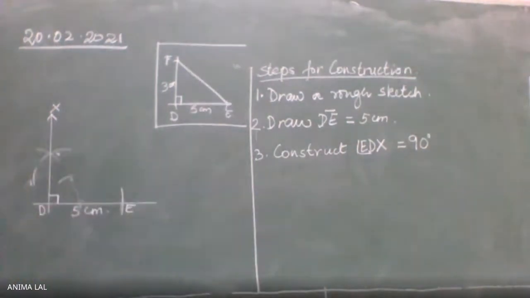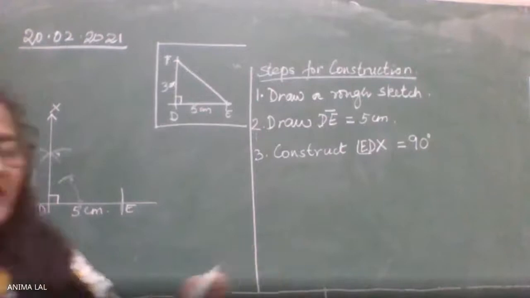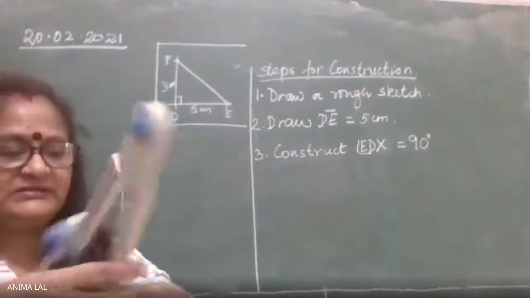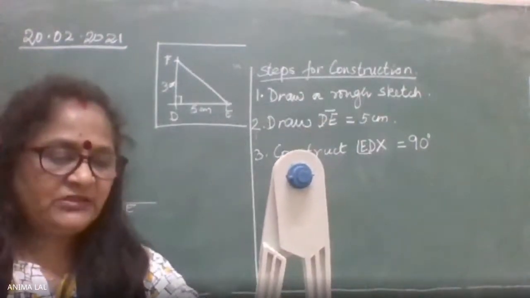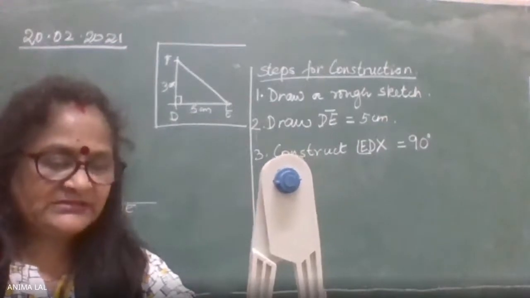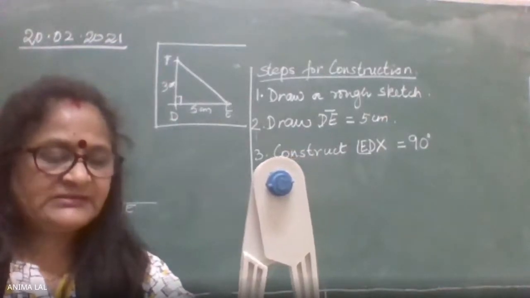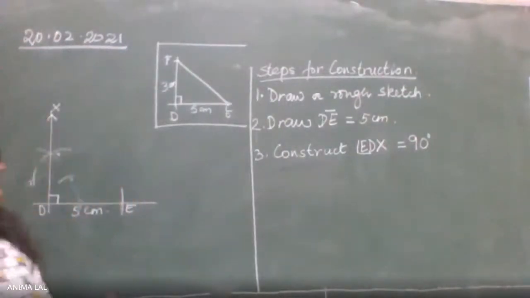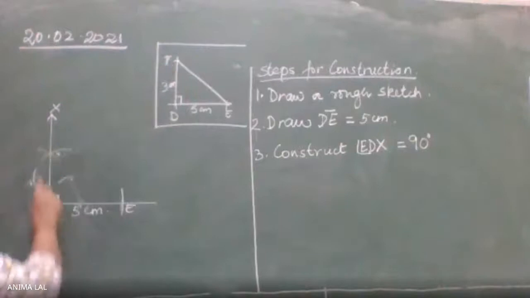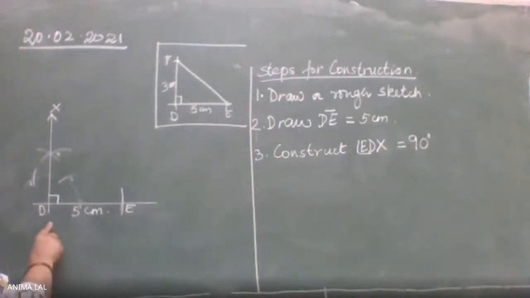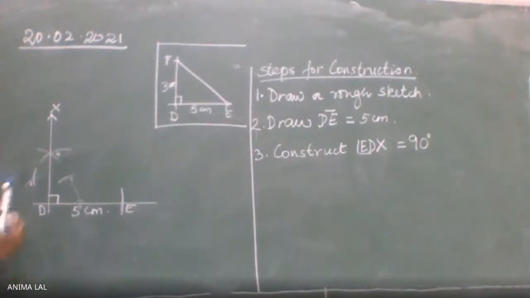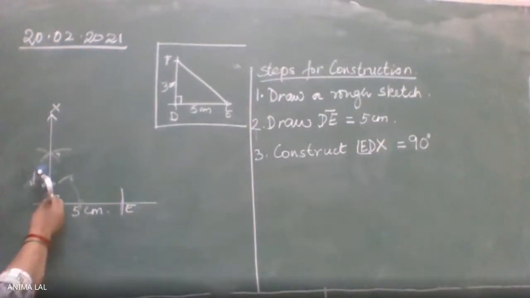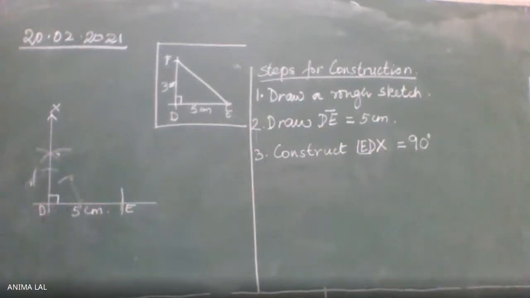Now take your compass point, measure 3 centimeter with compass point at D. F is somewhere on this ray DX. So with D as center, 3 centimeter radius, draw an arc.